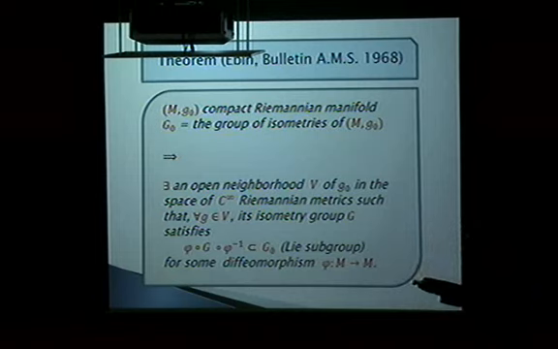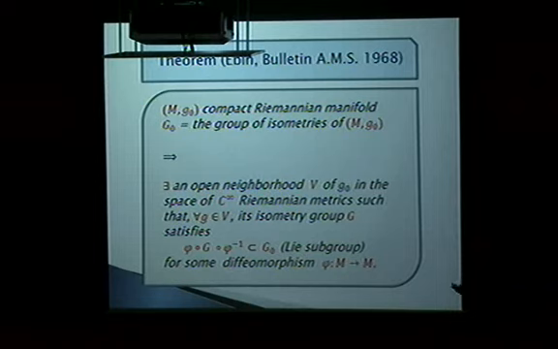Then the claim is that there exists a small neighborhood such that for any metric G nearby G0, the isometry group of G is a subgroup of the isometry group of G0. So this is the isometry group of this metric nearby, and this is the isometry group of the limit metric, and the limit metric has a larger isometry group.